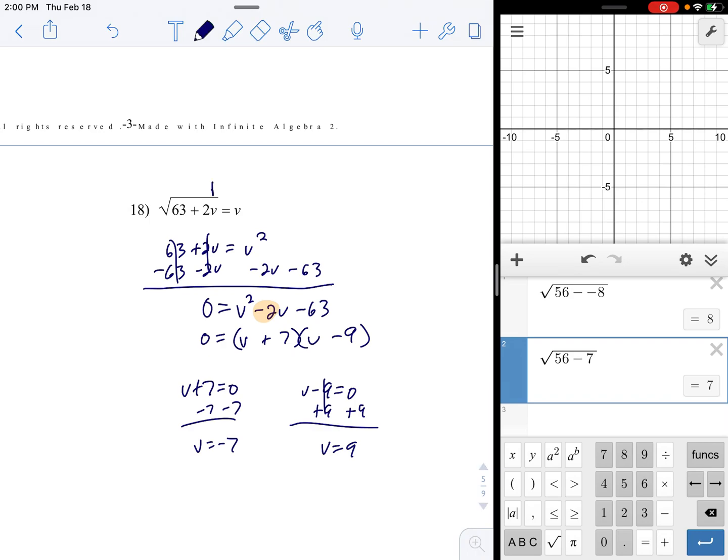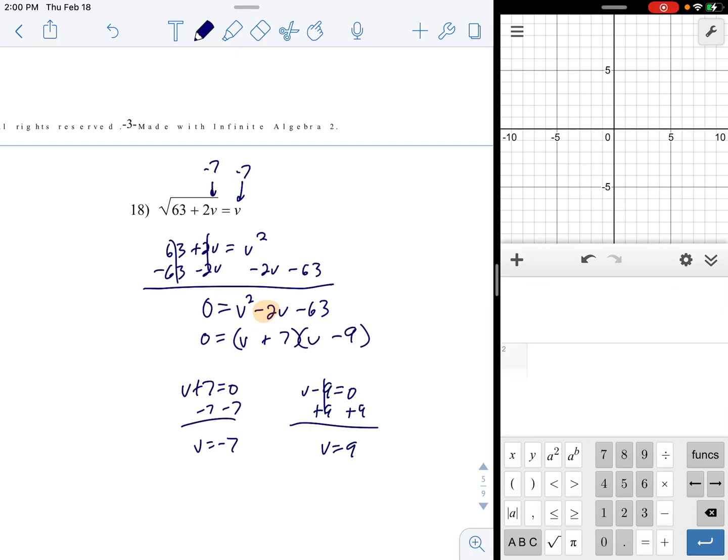When you plug in a -7, do you get out a -7? That is the question. Square root 63 plus 2 times -7. I want 2 times -7. Ooh, we get a +7 for an answer, not a -7. So that is extraneous.